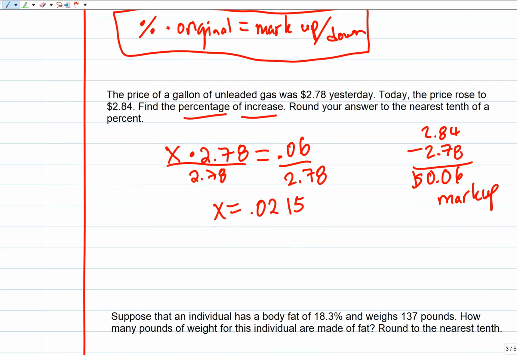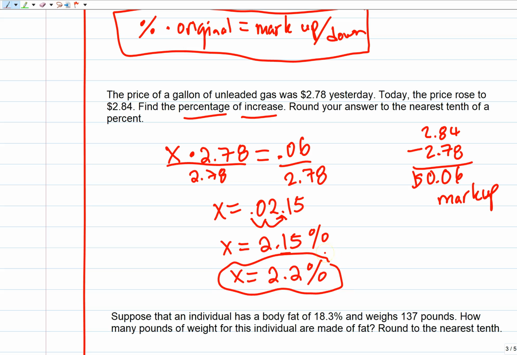So to the nearest tenth of a percent, if I move the decimal twice, that gives me 2.15%. Tenth of a percent means that they're going to want 2.2%. So it was about a 2% or 2.2% markup.